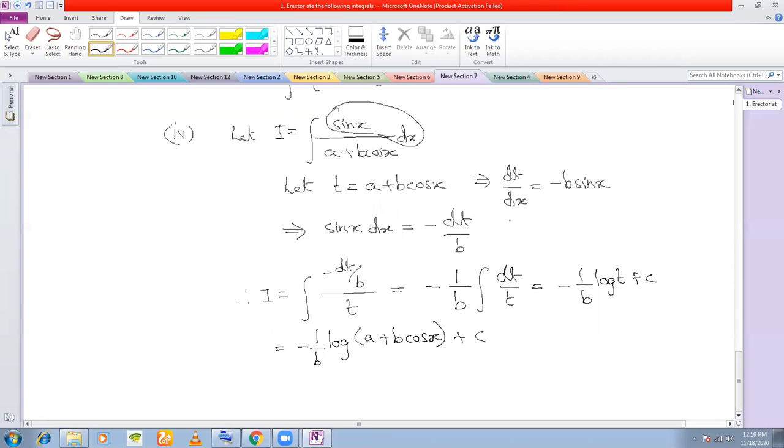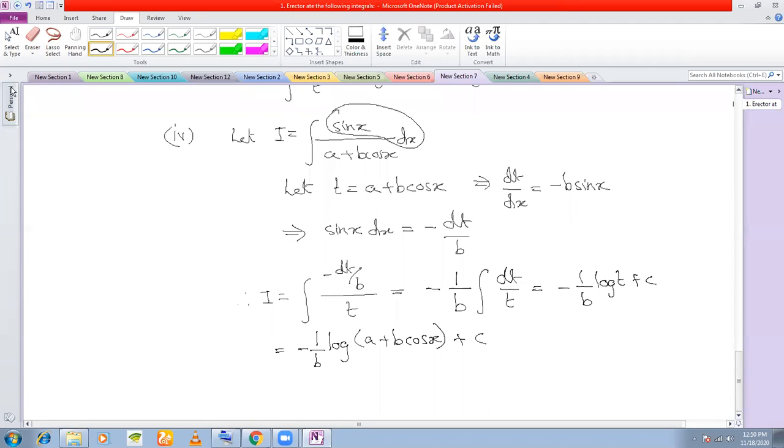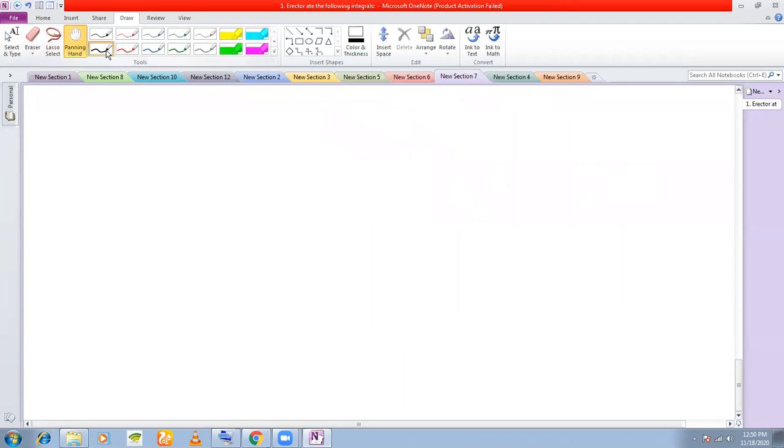Let us now move on to some further problems on integrals. There are some standard integrals that you must remember, and you must also know how to derive these formulas. You have to remember both the formula as well as the derivation. The first formula is that integral tan x dx is log sec x plus c.